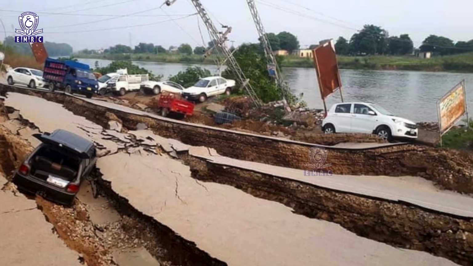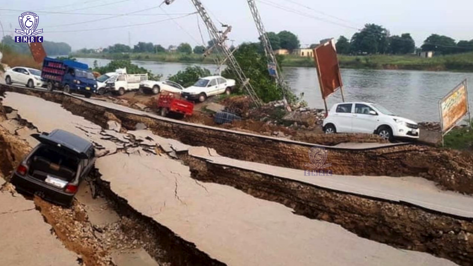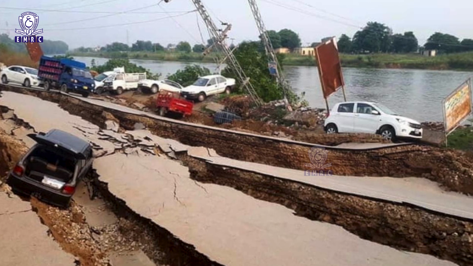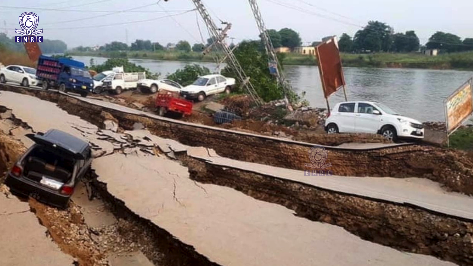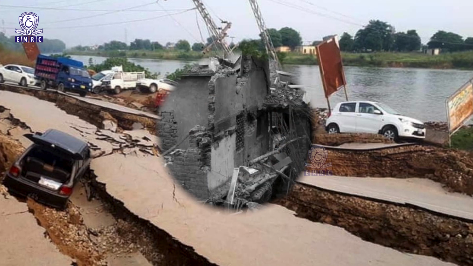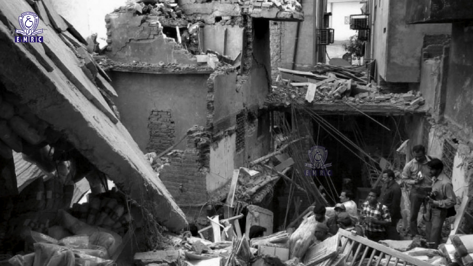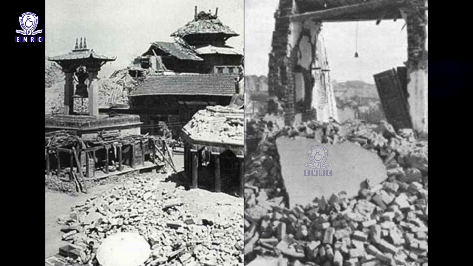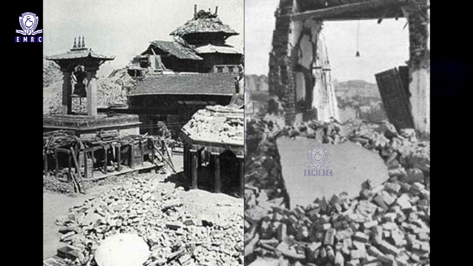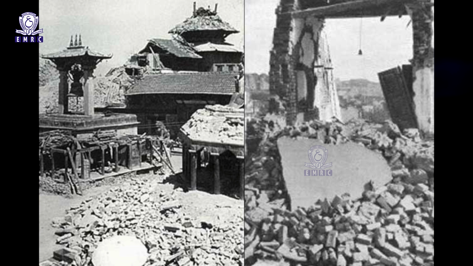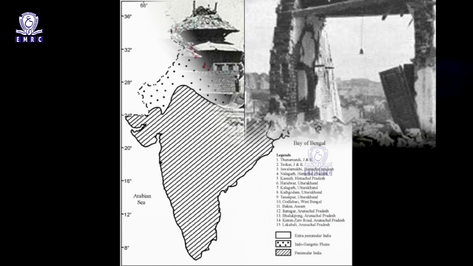But changes appear to be still taking place at the bottom of the Gangetic trough, giving rise to occasional earthquakes. The Sindh earthquake of 1819 and Bihar earthquake of 1934 had their foci in the trough covering Indo-Gangetic plains.